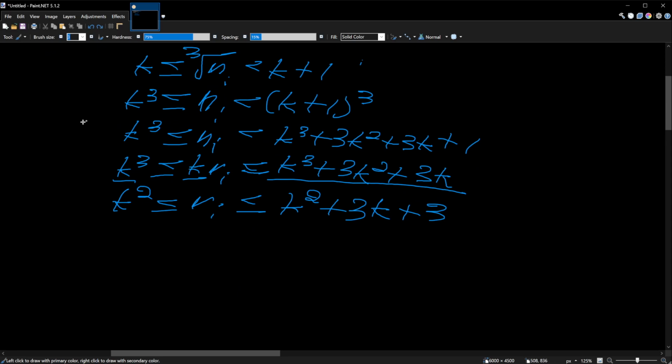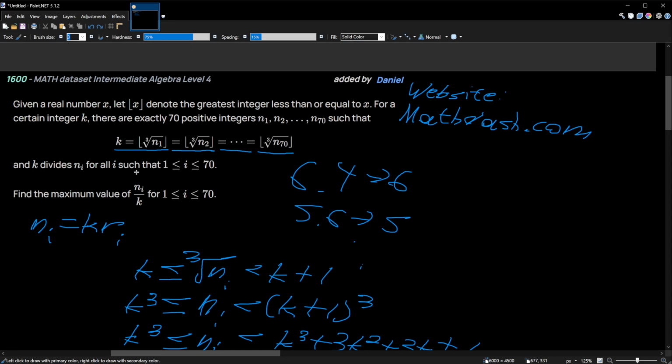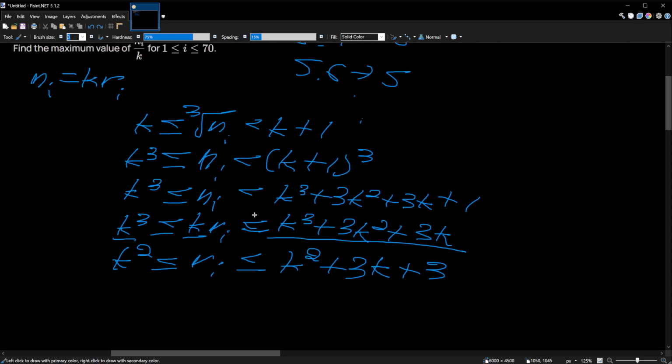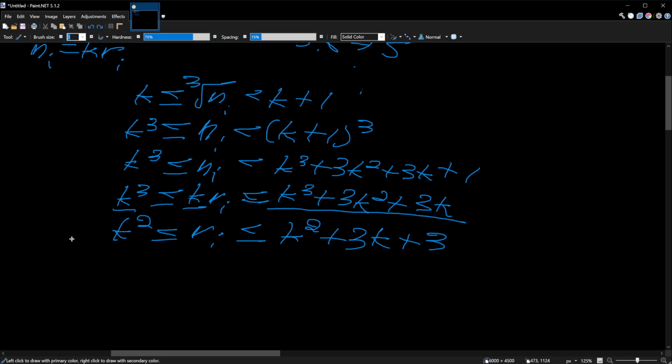Okay. But it says up here, there are exactly 70 positive integers that this holds. Okay? So the count of this set of integers should equal 70.